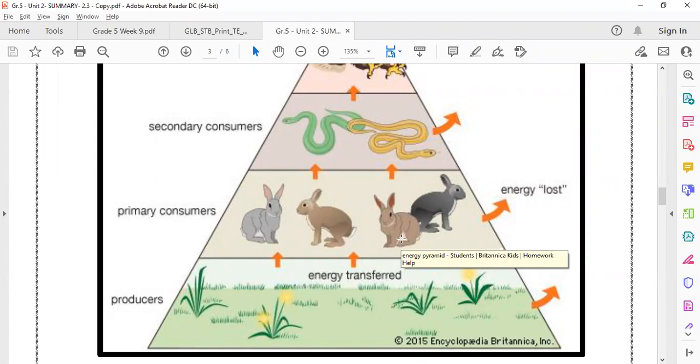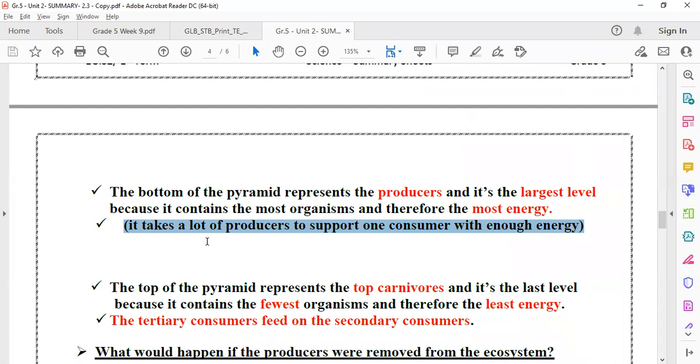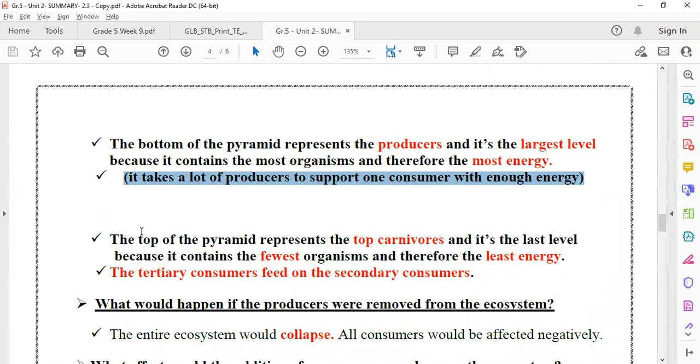Many producers will be eaten by a single primary consumer to get the energy that its body needs, like the rabbit. The rabbit will eat many carrots and other plants in order to supply its body with the energy that it needs, right? This is the meaning of this sentence: it takes a lot of producers to support one consumer with enough energy.